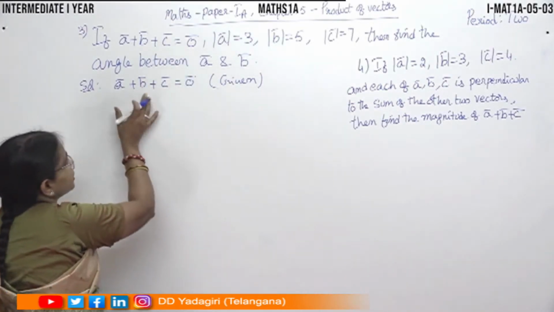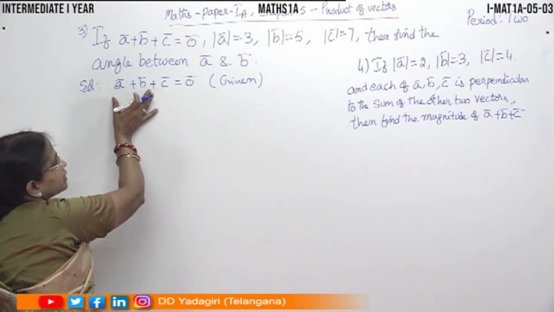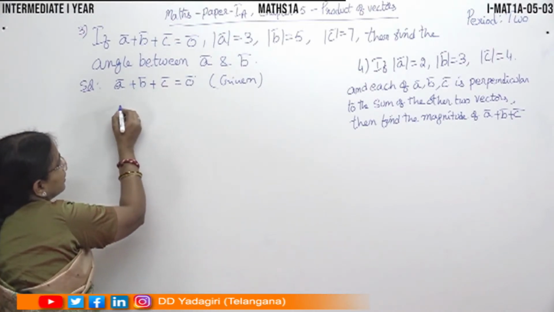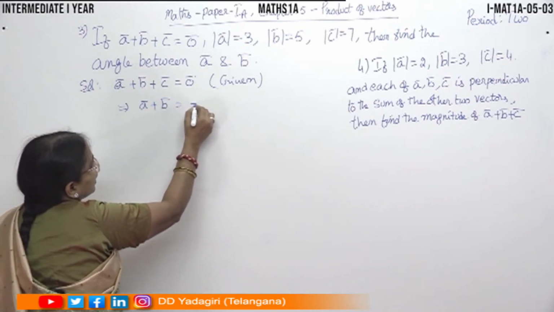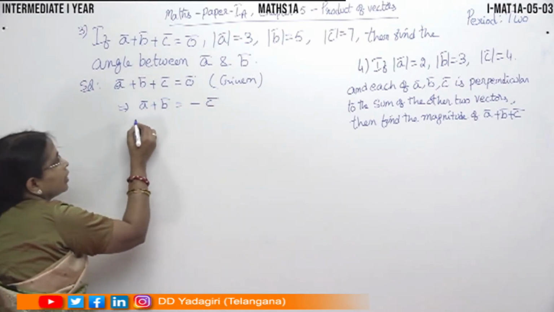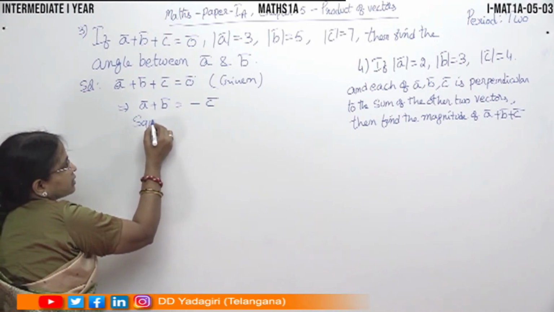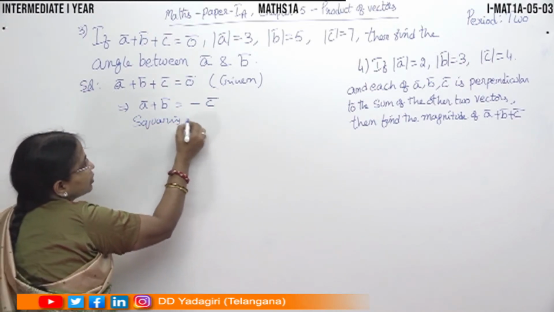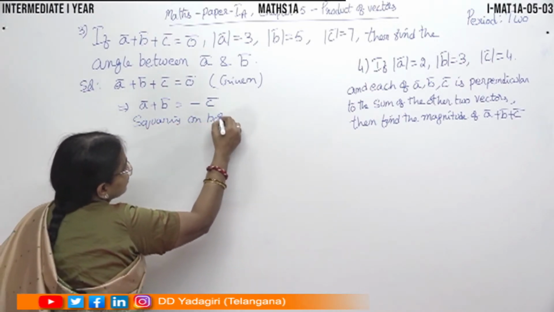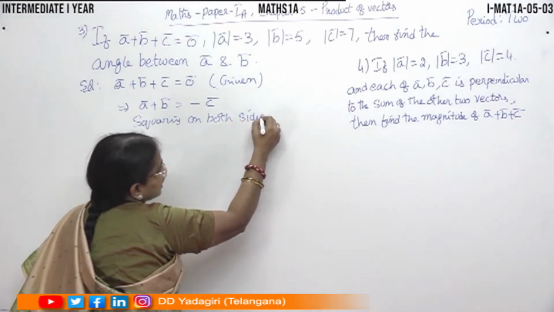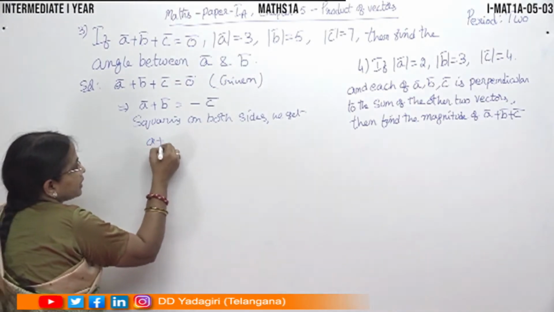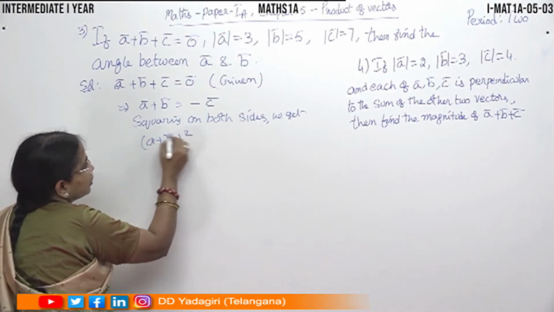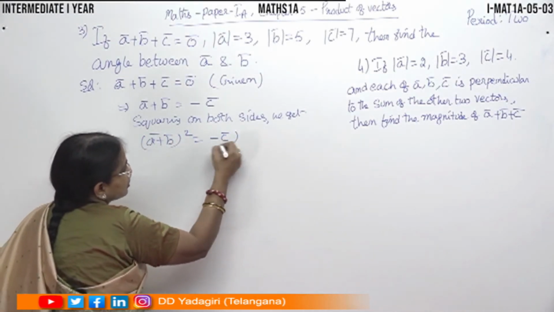So what you do is retain A and B this side, take C to that side. So A plus B is equal to minus C. Now squaring on both sides, we get A plus B whole square is equal to minus C whole square.